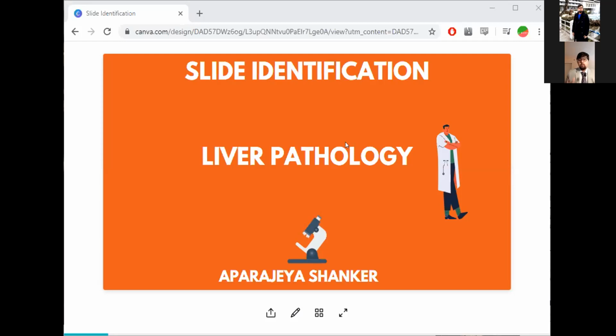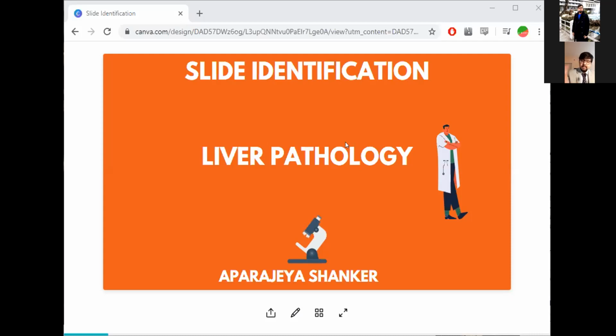So what I'm going to do is first teach you a little bit of liver pathology, and then you can look into the actual liver histology first, and then you look into liver pathology. You see, the problem here is that a lot of times when you look at a slide, you get confused as to what organ this is. And because we have say 60 or 70 slides, maybe even 100, it is not always possible to just memorize all the slides.